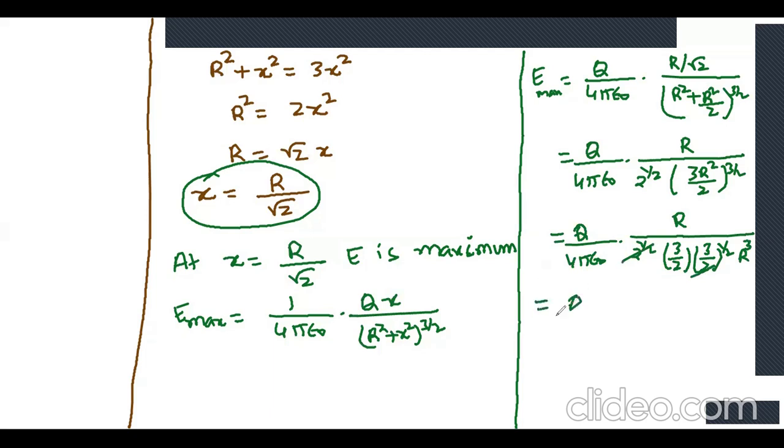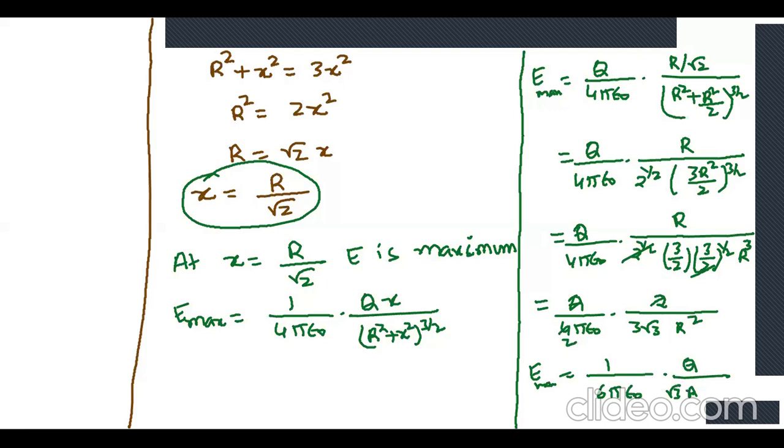So Q by 4 pi epsilon naught into Q by 3 root 3 r square, or E maximum equal to 1 by 6 root 3 pi epsilon naught into Q by r square. That is the maximum electric field.